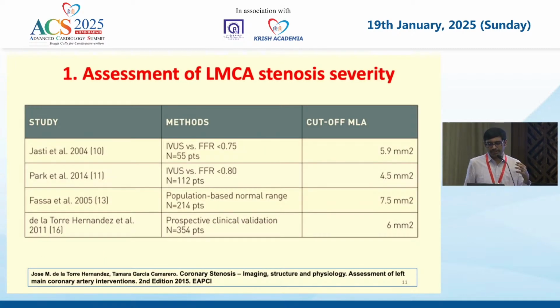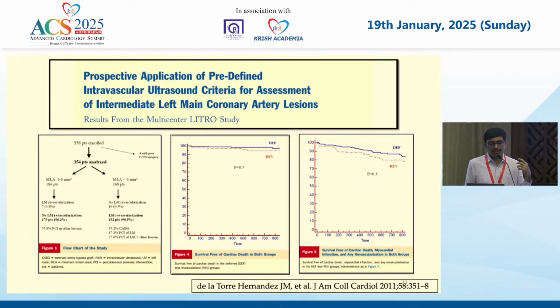So what happens with assessment of LMCA stenosis severity? In contrast to non-left main lesions, there is a good correlation between IVUS and FFR in the left main territory. The MLA varies between 4.5 millimeter square, mainly from Korean studies, to 7.5 millimeter square, from the Mayo Clinic study in the Western population. So what parameters are used for intermediate lesion evaluation?